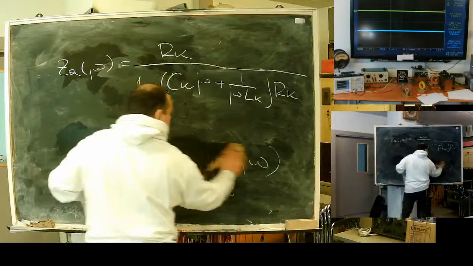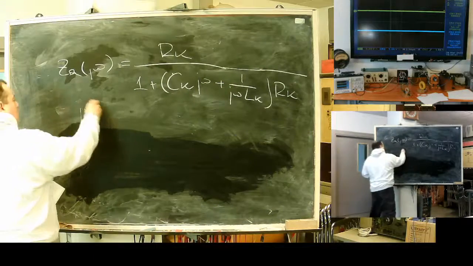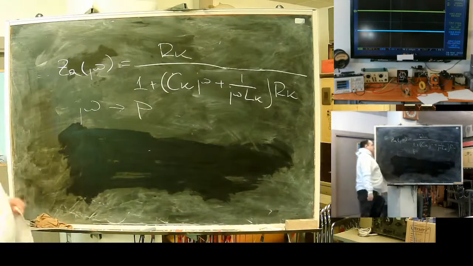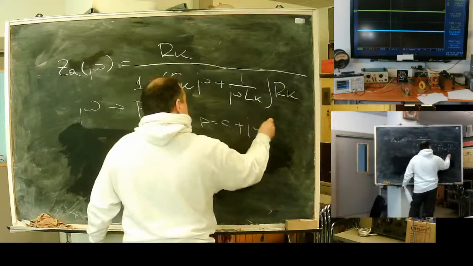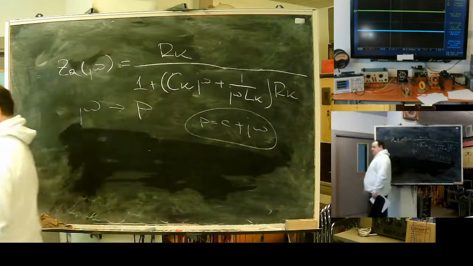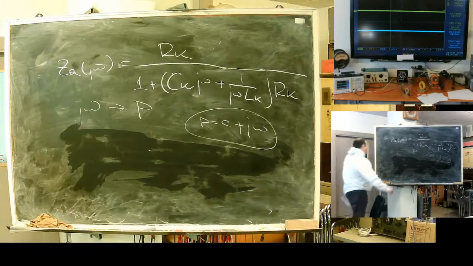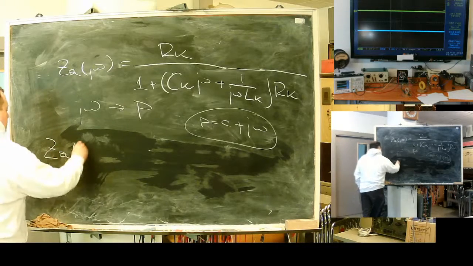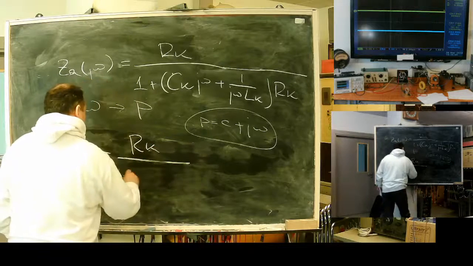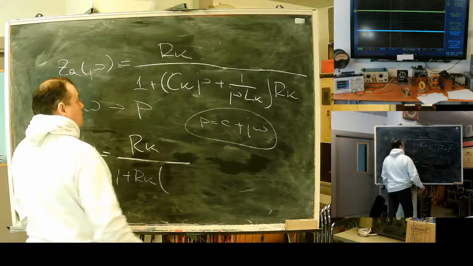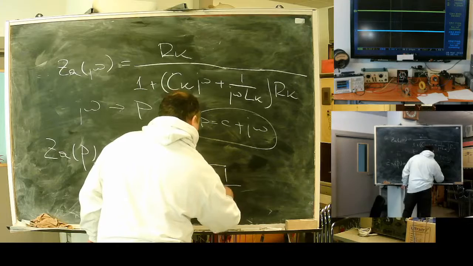I'll get the image of it simply by replacing omega with complex frequency p. Again, it's a complex frequency of Laplacian space. So image of A will be resistance over 1 plus resistance plus 1 against p.